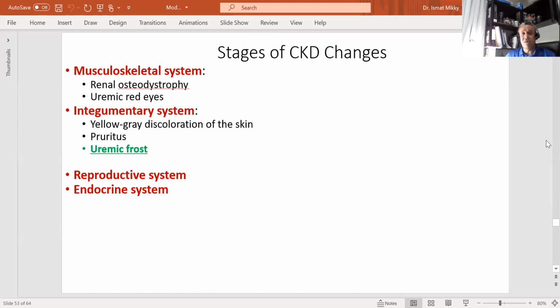So they have to commit to 12 hours a week for the hemodialysis, being transported to the hemodialysis center back and forth 3 times. So that's sometimes overwhelming, and sometimes patients just become withdrawn from the whole process and decide not to go. So if they refuse, miss, or withdraw from the hemodialysis, they could develop this uremic frost.